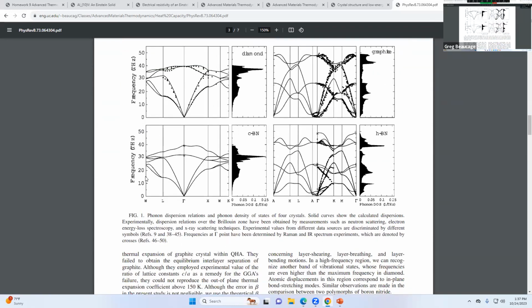And he's showing the frequency versus wave number, acoustic and optic modes, and then converting that to the energy distribution curve, dispersion.